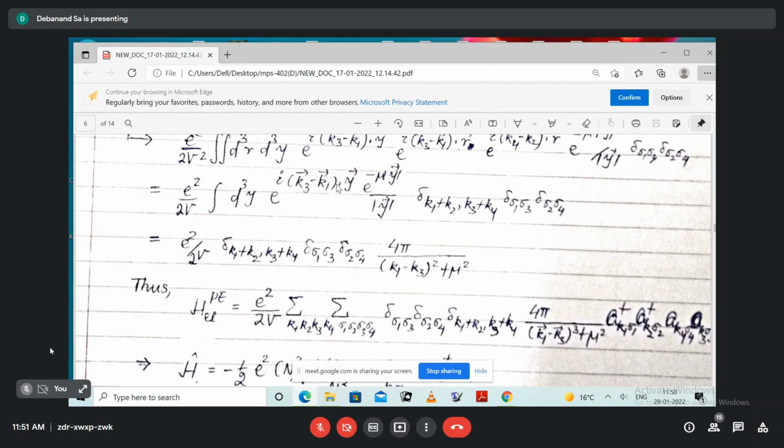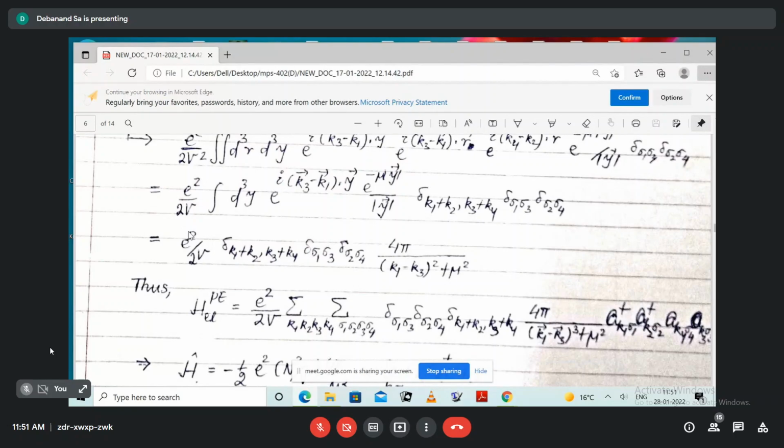So there will be an angular integral as well, and the angular integral is going to bring out a factor of 4 pi, and k3 minus k1, k1 minus k3 squared plus mu squared. So the matrix element is going to come out to be 2 delta functions in the spin sector and 1 delta function in the orbital sector, that is k1 plus k2 equal to k3 plus k4. And then, of course, there's something like e squared by 2 times the volume.